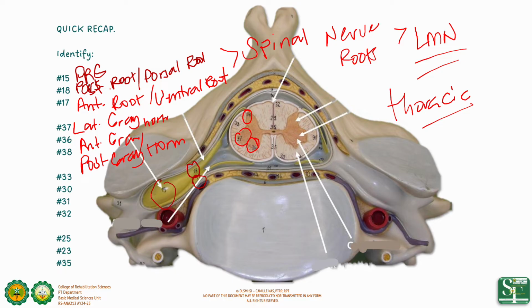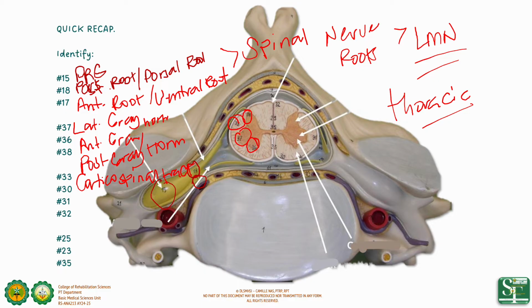Number 33. Where is 33? This one. Okay. So, this could be the corticospinal tract. Because it's white already, it is under the white matter. So we are talking about tracts.